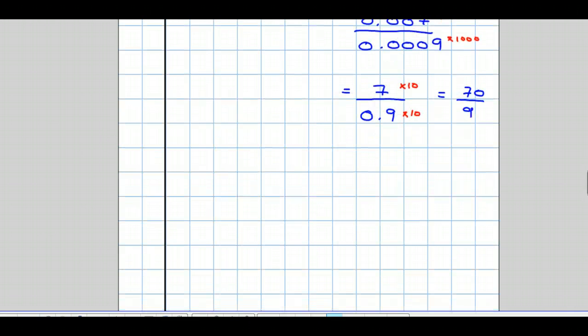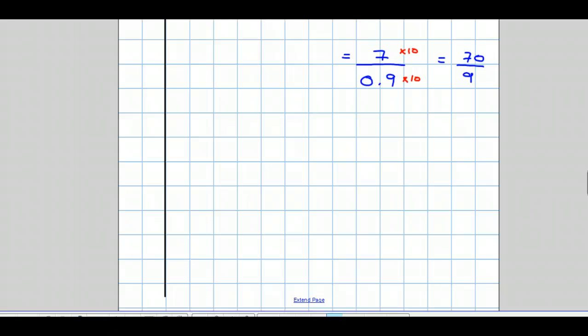Right, I'm going to give you half a dozen here for you to practice. Let's just extend the page. Right, copy these down as I go through them. Where did we get to? What was our last?